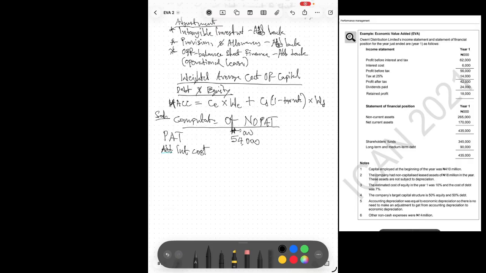So the interest cost, like I said, pardon me, let me adjust this so that I have some space. $54,000.